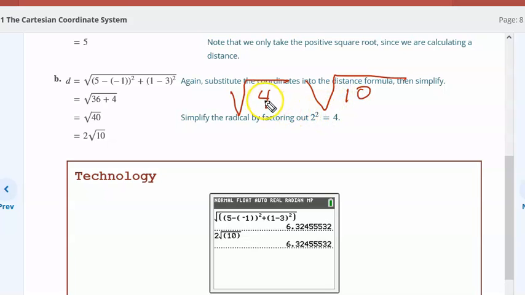And what is the square root of 4? 2. So the exact answer is 2 times the square root of 10, which would be the length of that diagonal. But if they wanted it rounded to a number of positions, here they're showing you what it would be approximately in decimal form, to, let's see here, 2, 4, 6, maybe 8 decimals. Wow. Again, you'll be doing your practice and certify to hone your skill of working with the distance formula.